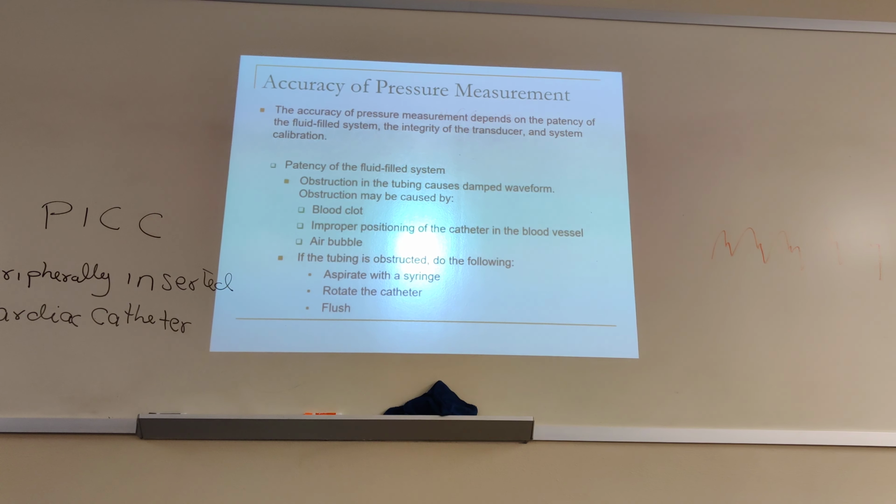Patency of the fluid-filled system: obstruction in the tubing causes a damped waveform. It may be caused by blood clots. Now, a damped waveform is nothing but an abnormal waveform.